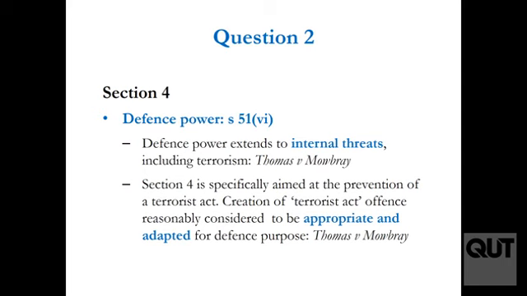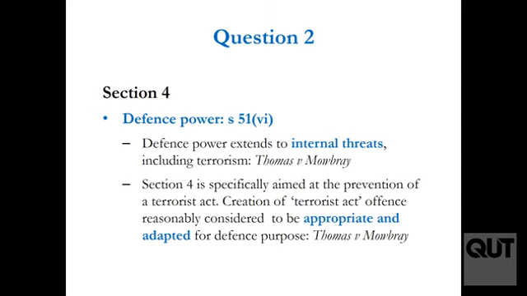The overarching purpose of this Act is to protect the public and world leaders who are attending the G20 from a terrorist attack. That's the purpose of this legislation. Section 4 helps to achieve that purpose by making it an offence to engage in a terrorist act, which is sufficiently connected to the purpose of defence.